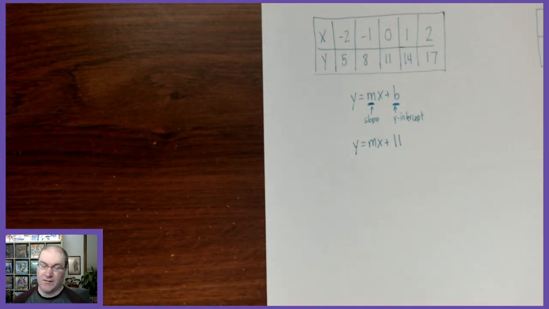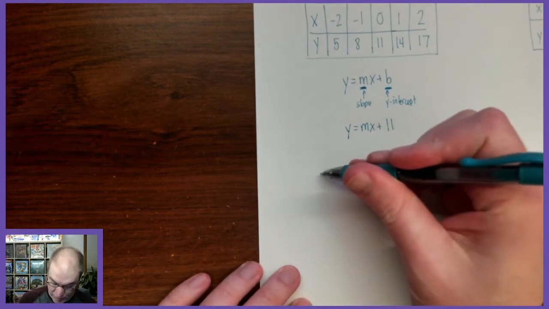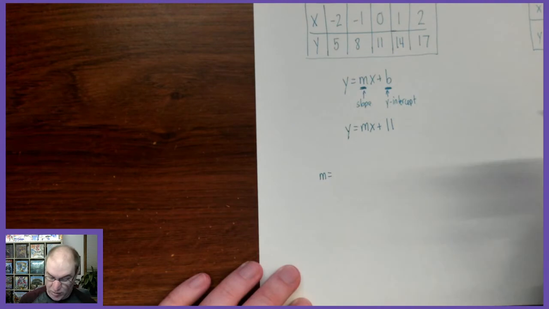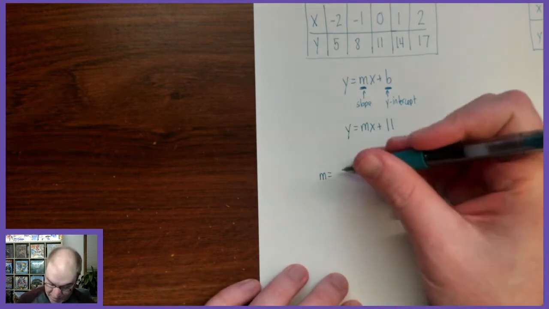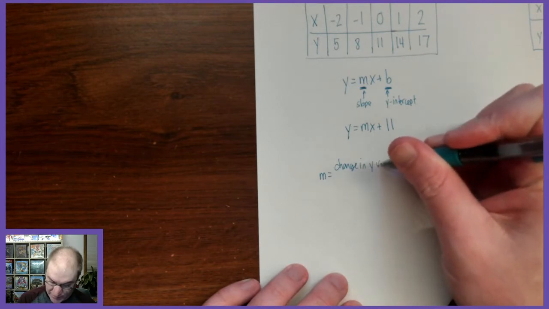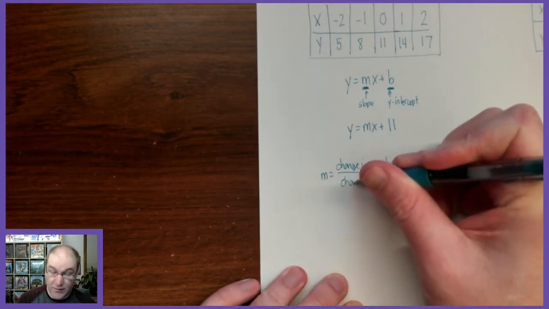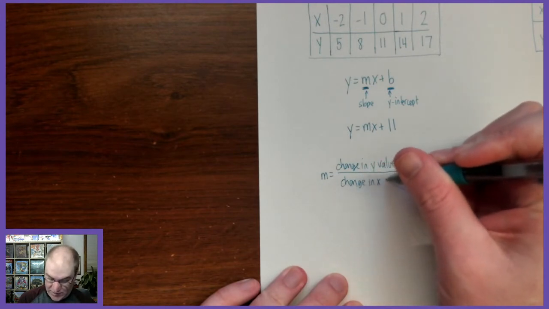Now we need to calculate the slope of this table. To calculate slope, we're going to use the formula that we learned earlier this year, and that is the change in y values all divided by the change in x values.